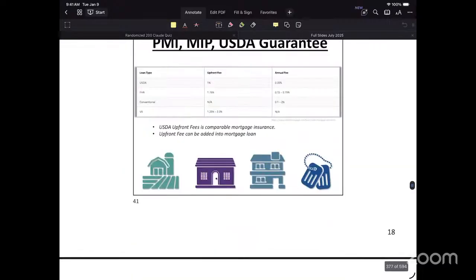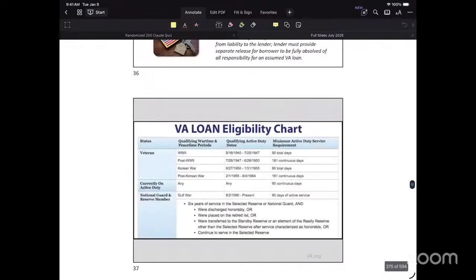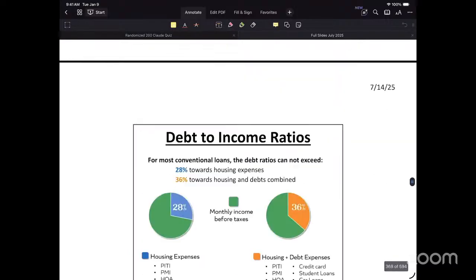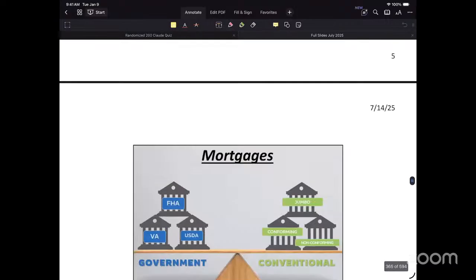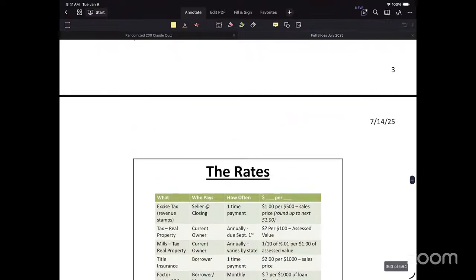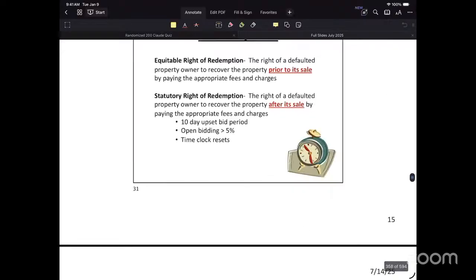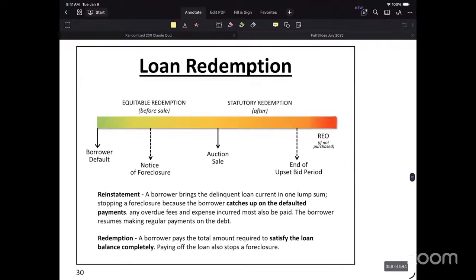Those are types of loans, PMI, conventional loans, rates, amortization, foreclosures. Here we go. It was worth it.